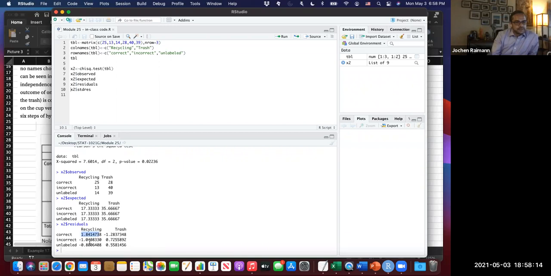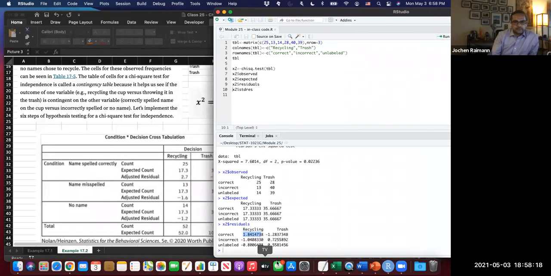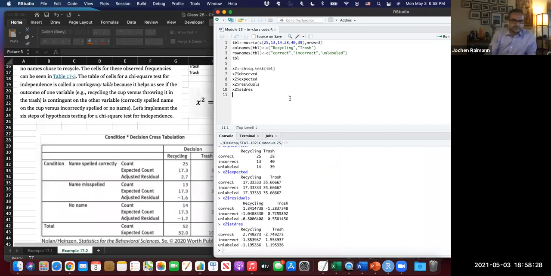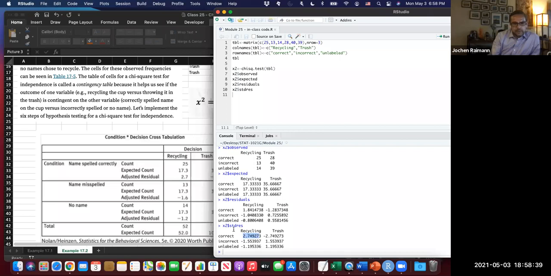This is consistent with what Nolan and Heinzen are showing here. Oh, wait. No, those are actually the not standardized residuals. These are the standardized residuals. Residuals can be standardized or not standardized. Here it's actually standardized residuals.